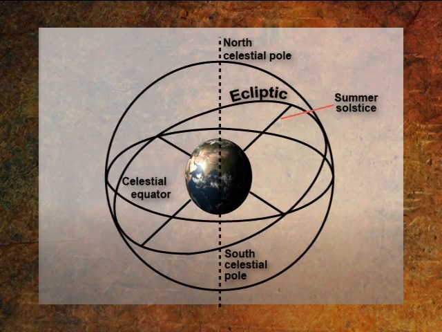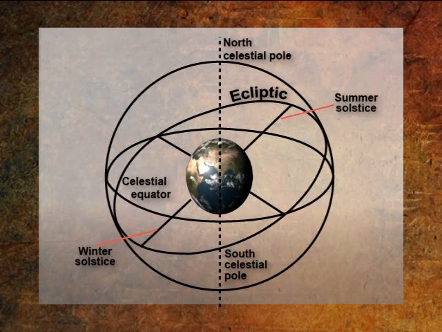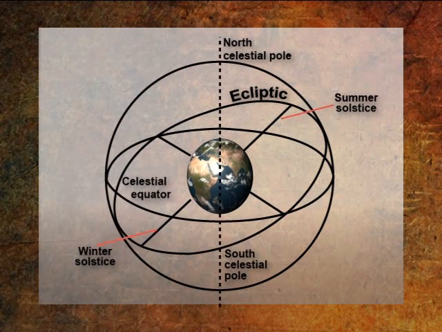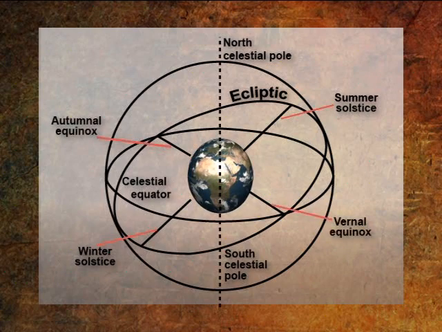So the ancient astronomers knew where the sun was located at the summer solstice, and they knew where the sun was located at the winter solstice, and these 2 points are exactly opposite along this great circle of the ecliptic. You then look at right angles from the line that connects the summer solstice to the winter solstice, and that gives you the vernal equinox or the spring equinox and the autumnal equinox.